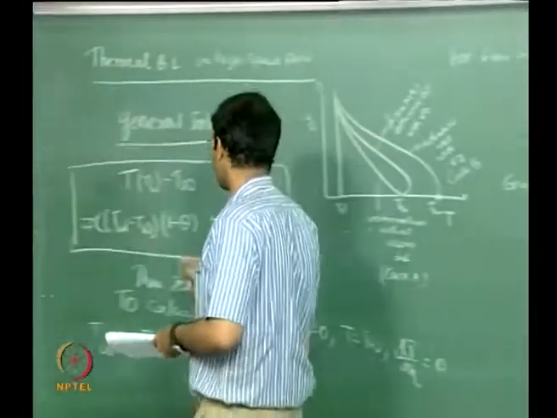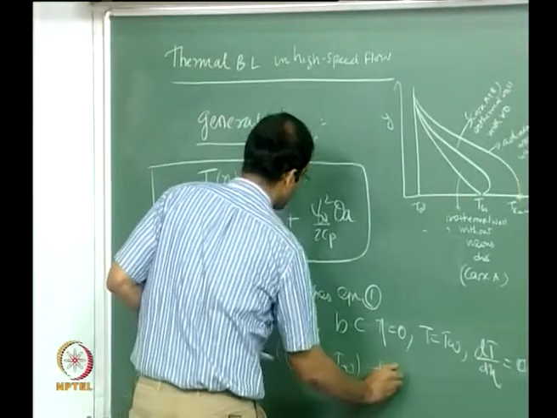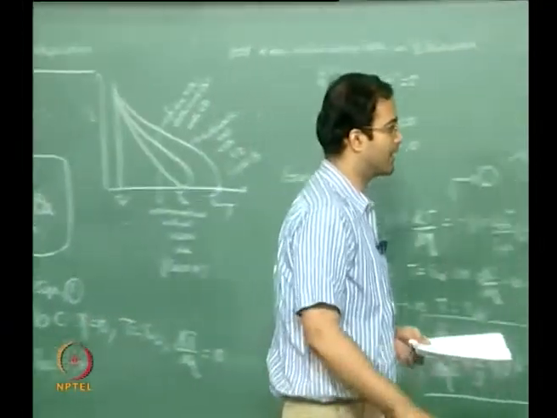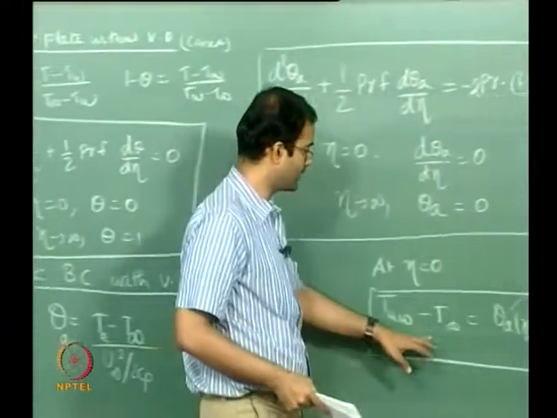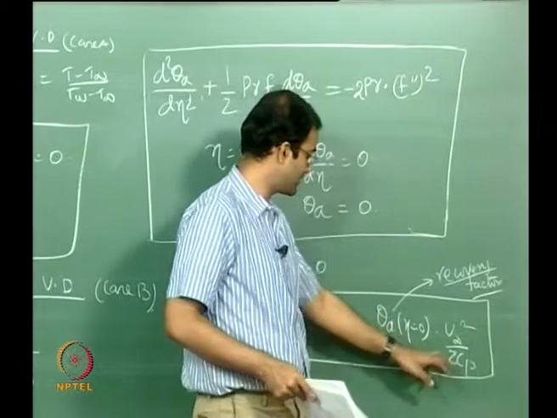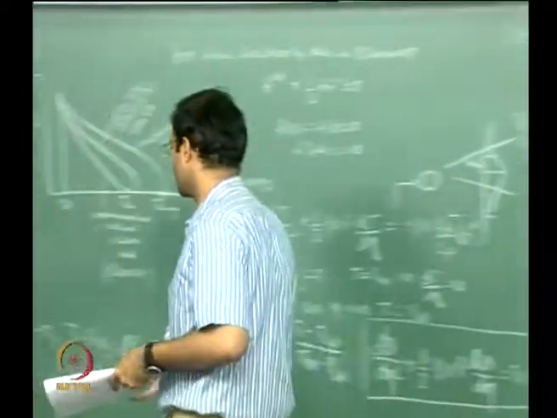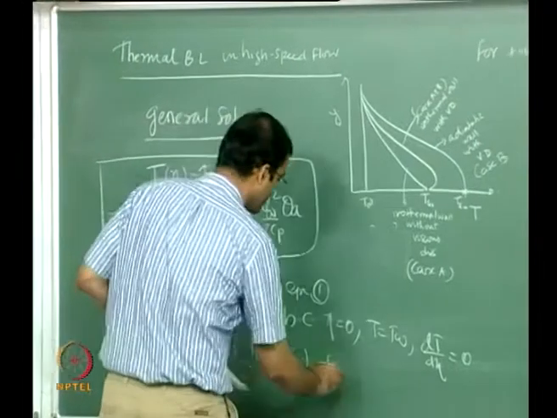Therefore, this will be just 1 plus u infinity square by 2 Cp into theta a at eta equal to 0. Now from this definition, theta a at eta equal to 0 into this is nothing but T adiabatic wall minus T infinity.